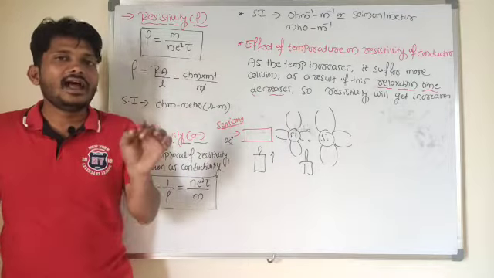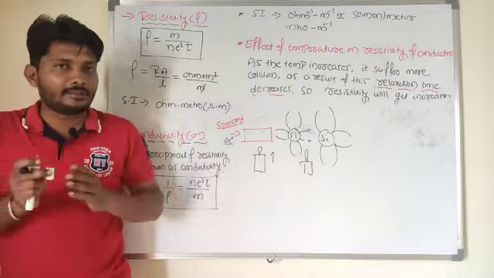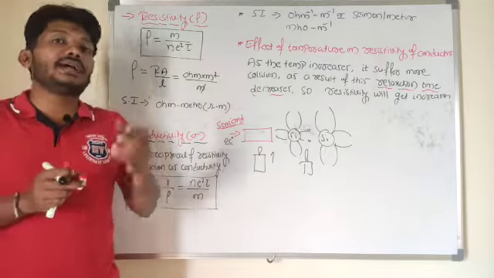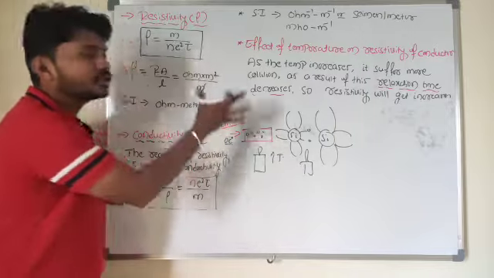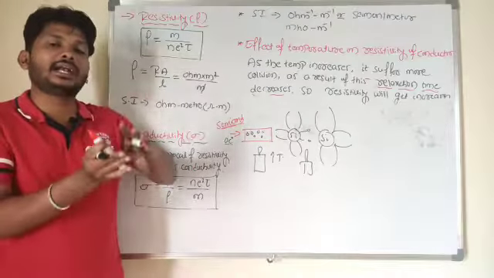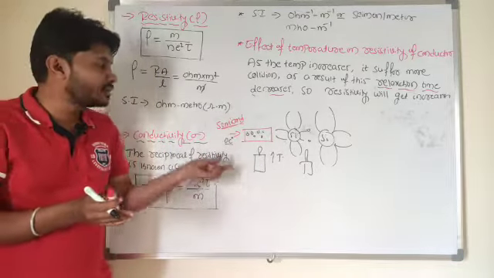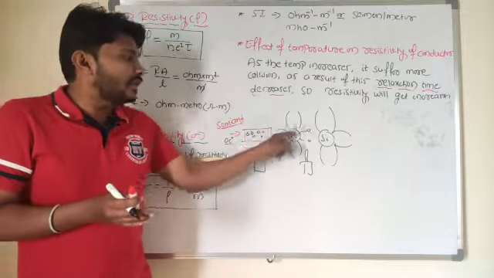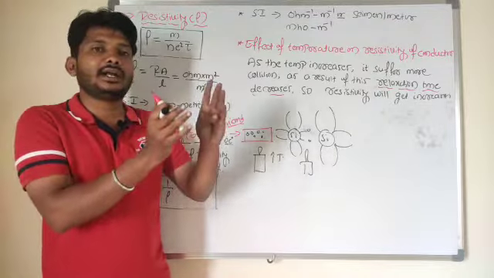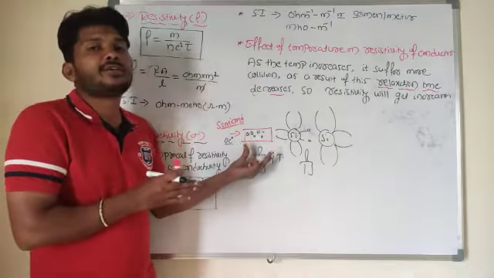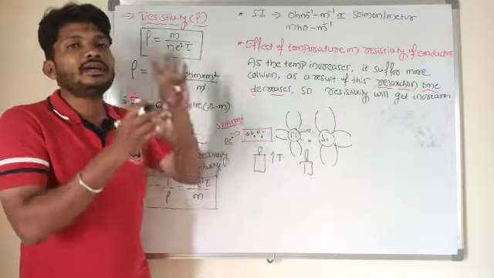So at high temperature, the semiconductor consists of free electrons. At low temperature, it does not. Why? Because at low temperature, the valence electrons make covalent bonds with neighboring atoms, so you will not get any free electrons. As you provide temperature, the covalent bond breaks down, and as a result you get free electrons.